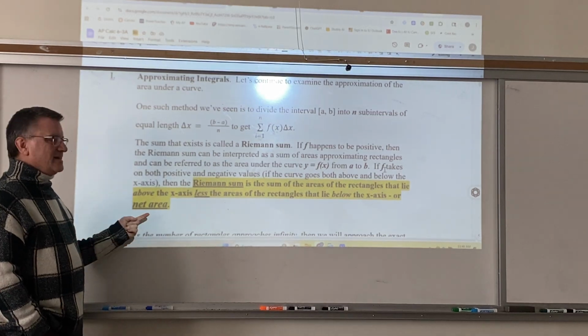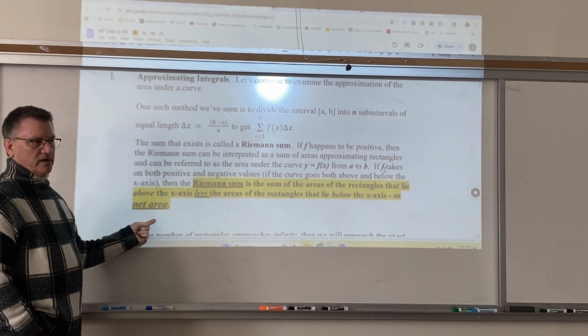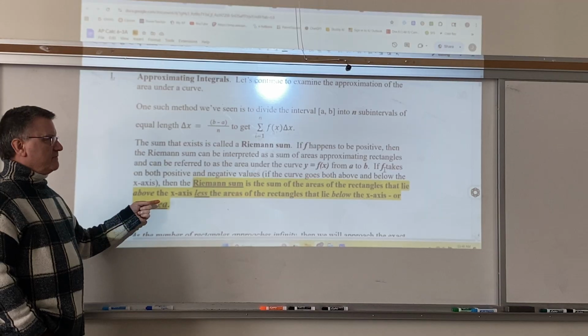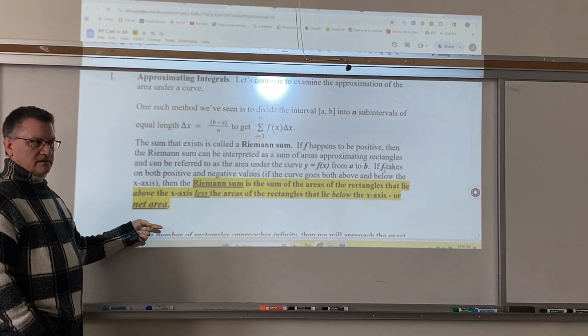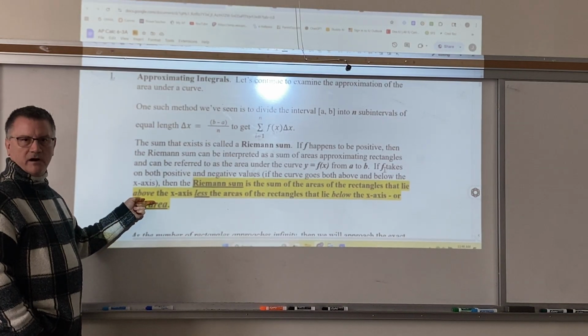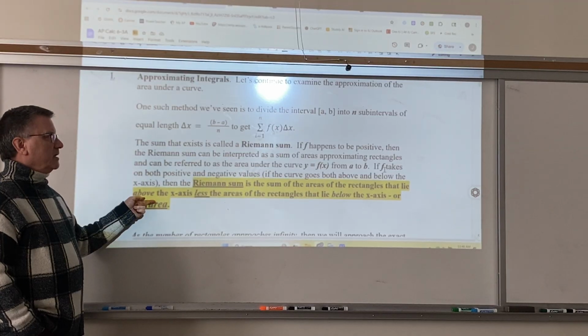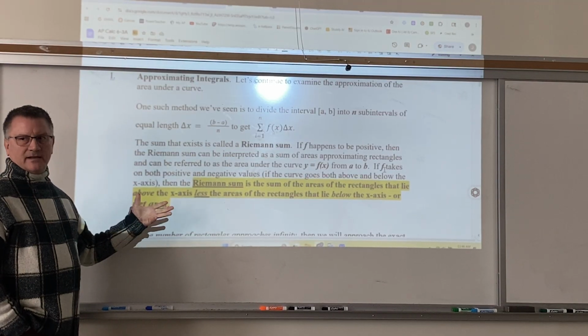So it's giving you the net area when you do this. So any of the area that's below the x-axis gets taken away from the area above. And so when you're looking at the final answer, you're getting the net.